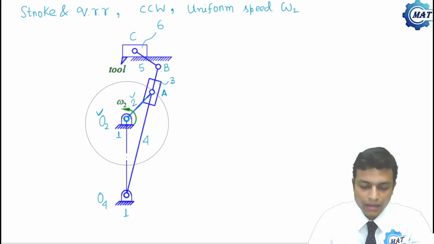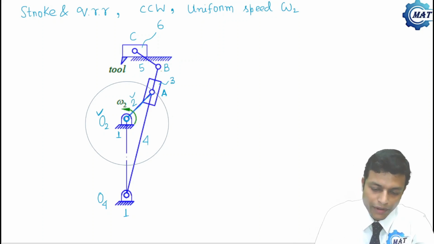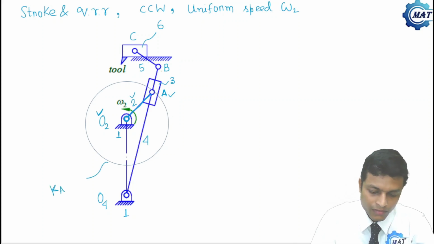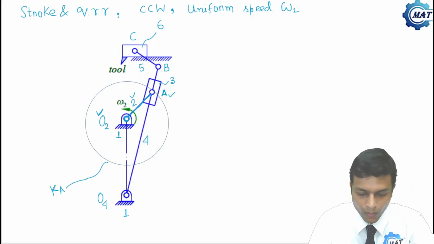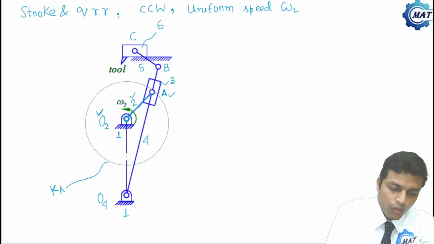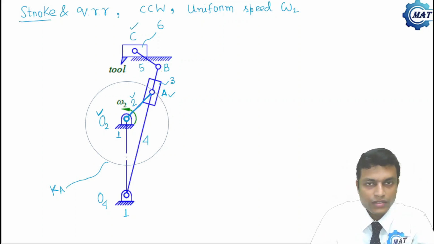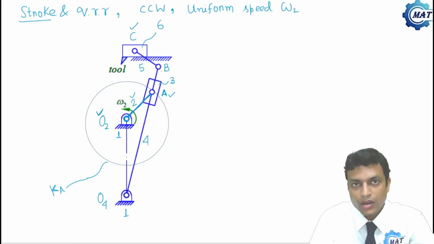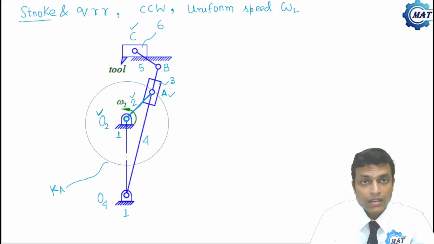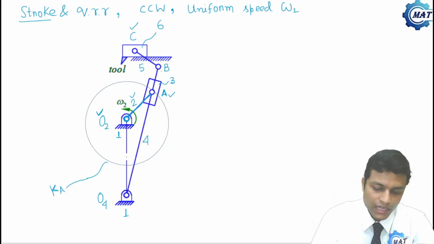So this is the circle on which point A moves, and this circle has center O2 and radius equal to O2A. Let me denote this circle by KA. Now to determine stroke, we have to locate two extreme positions of point C, because stroke is nothing but the distance between two extreme positions of point C, that is the right extreme position and left extreme position.